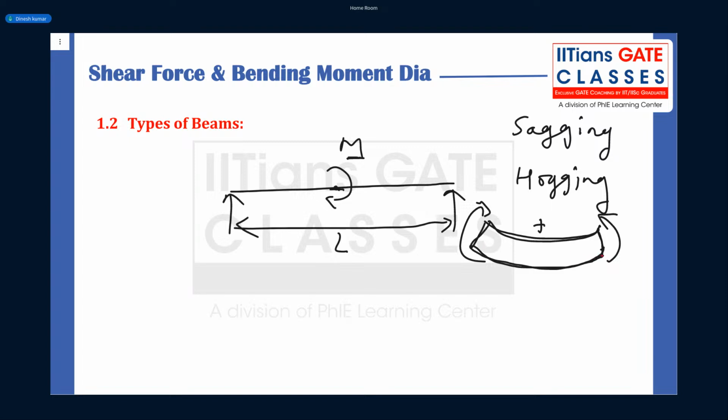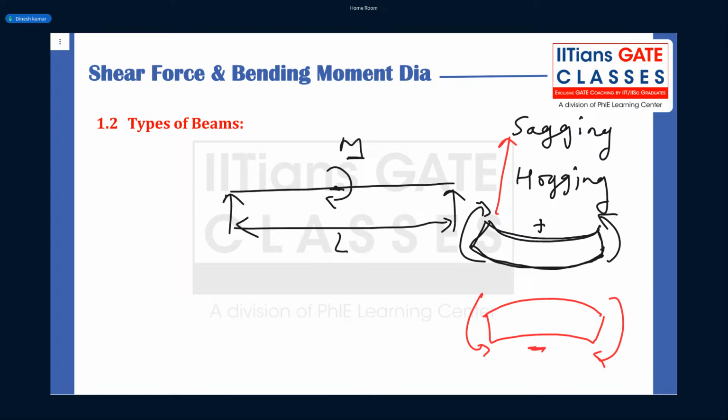So this is sagging. What is hogging? If on top of the beam you have tension and at the bottom of the beam you have compression, this is known as hogging, and this is what?